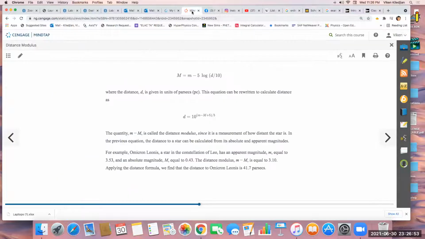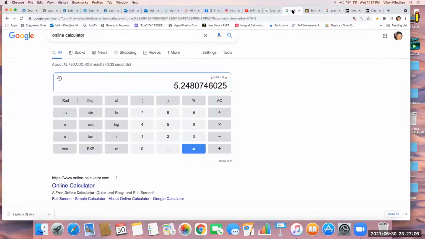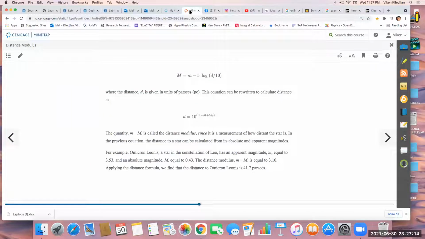Let's see here. 41.7 parsecs is equal to 5 over 5. 10 to the power, no, something went wrong, hold on. 10 to the power m minus M plus 5, they're saying they got 41.7 parsecs.